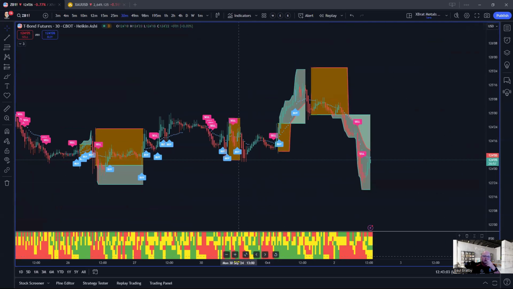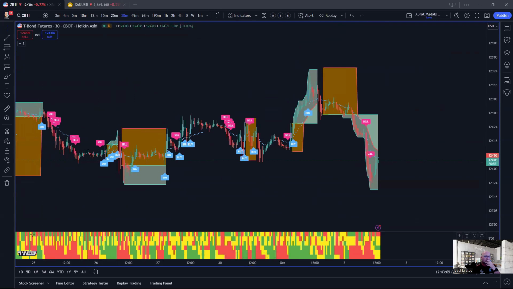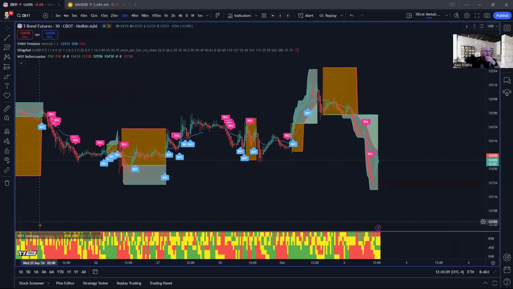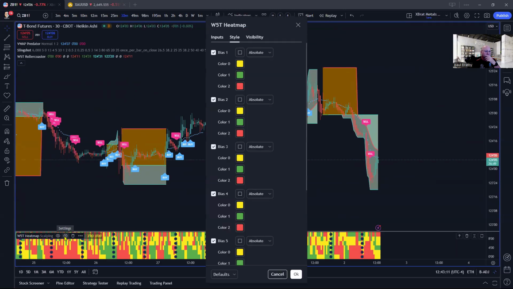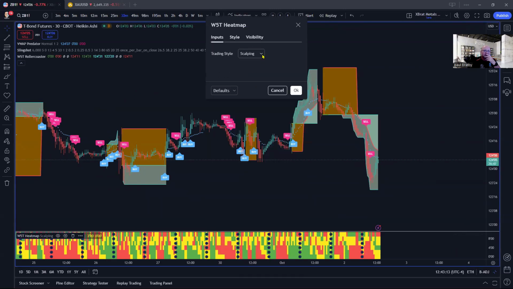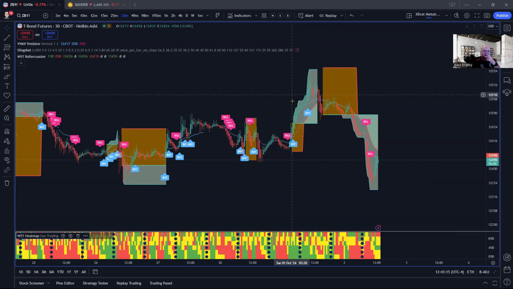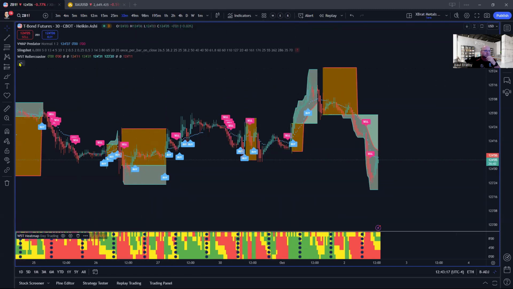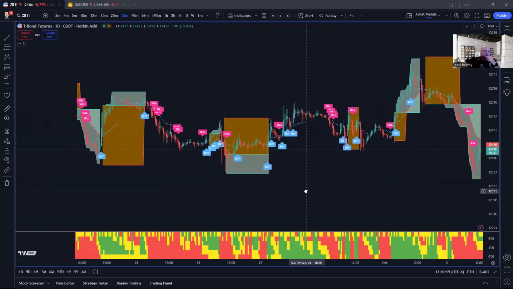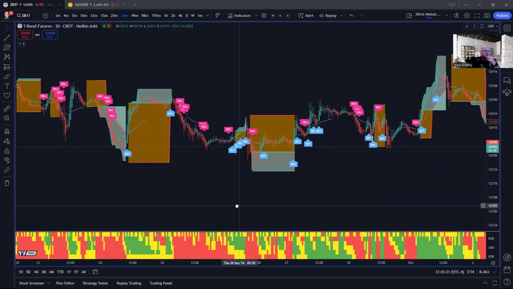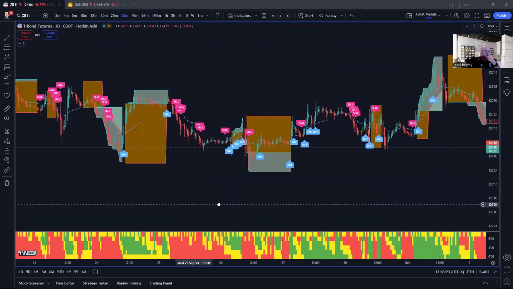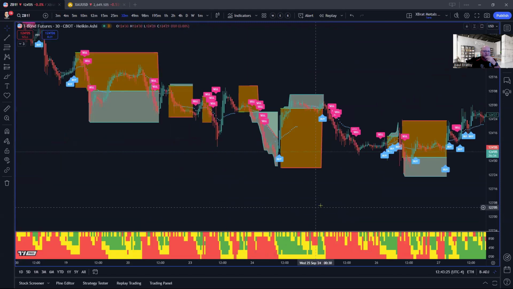I know the 30-minute works very well, but because we're on 30 minutes, we've got to change our VWAP Predator to at least day trading, if not swings. I mean, there are some really decent moves here.